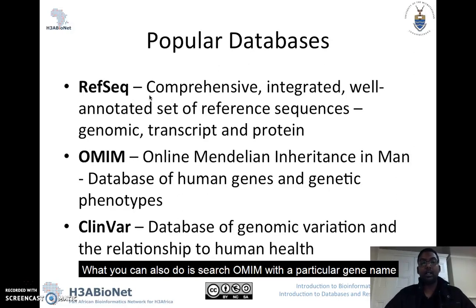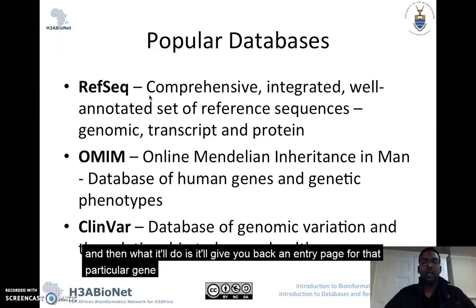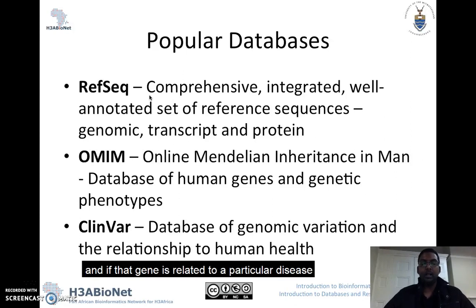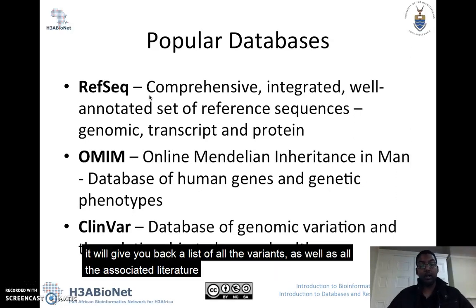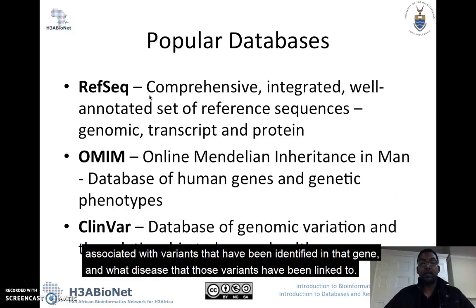What you can also do is search OMIM with a particular gene name, and it'll give you back an entry page for that gene. And if that gene, or variants in that gene, is related to a particular disease, it will give you back a list of all the variants as well as all the associated literature with variants that have been identified in that gene and what disease those variants have been linked to.